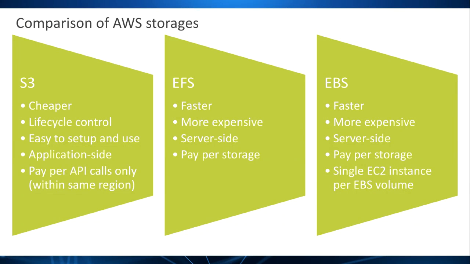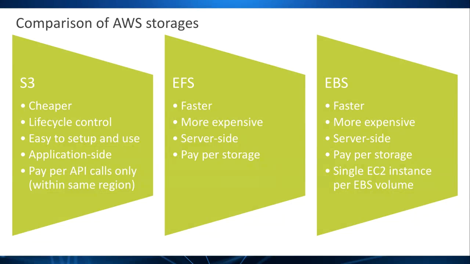S3 is generally cheaper because with S3 you pay for API requests, and you do not really pay for the storage if you're in the same region. And it has very robust lifecycle control, so you can set up different storage types.